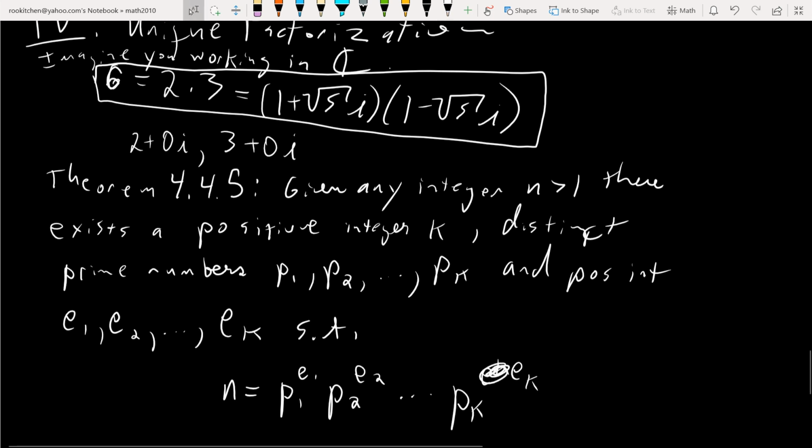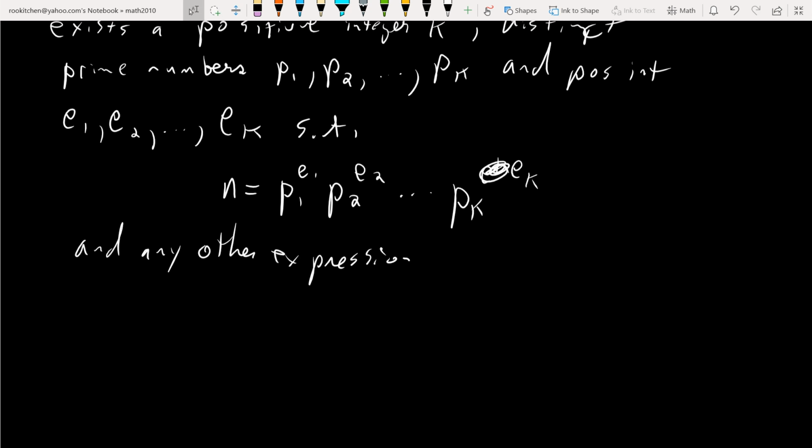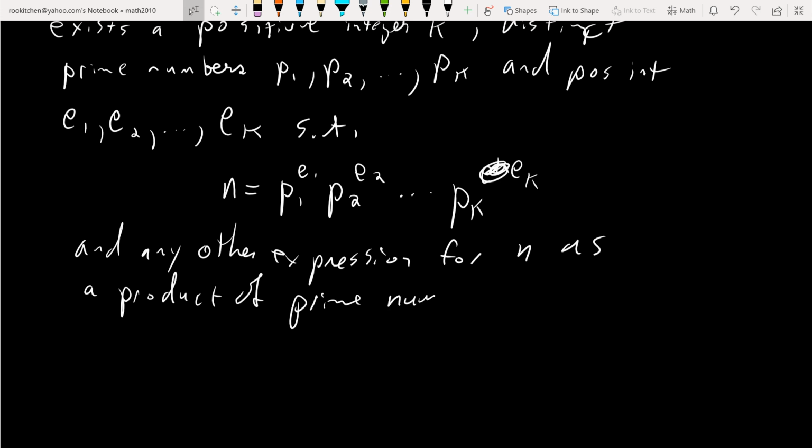And any other expression for n as a product of prime numbers is identical to this except for possibly the ordering of the primes or the factors.